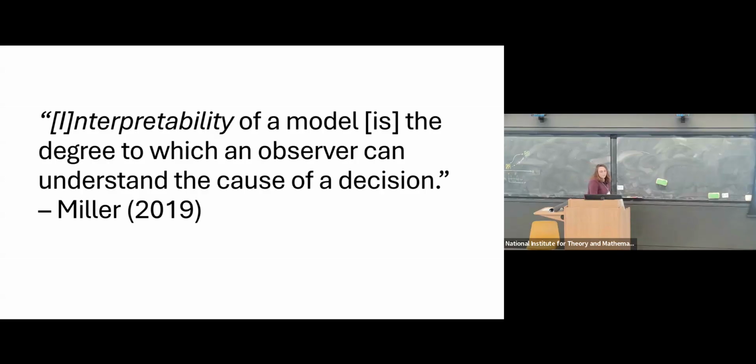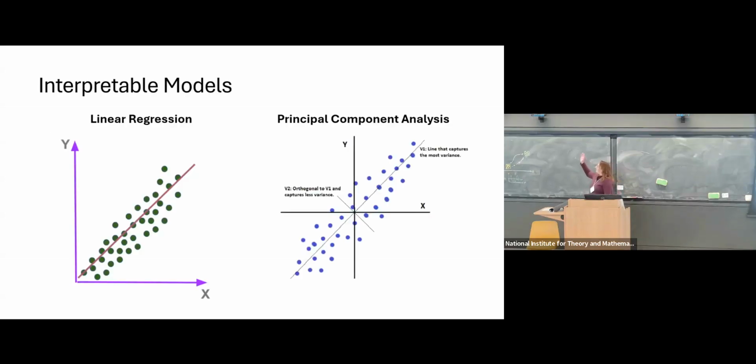Interpretable models are things like linear regression and principal component analysis, which are excellent at elucidating trends in data or structure in your data. And from these kinds of traditional models, because they're interpretable, we can identify key biological drivers that are creating these trends that we see, and we can flag those for future inspection.